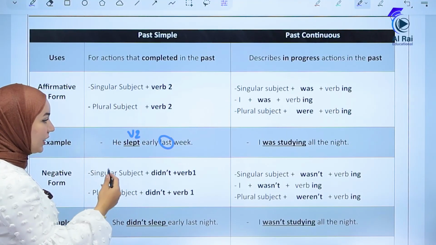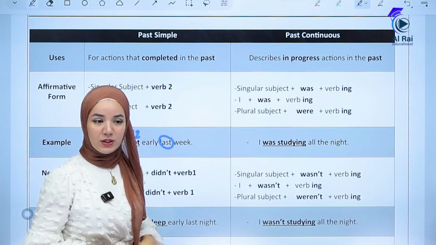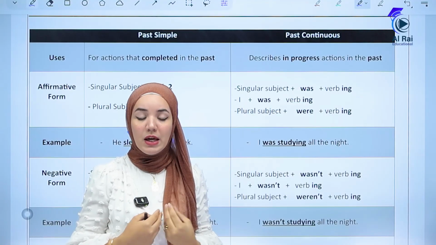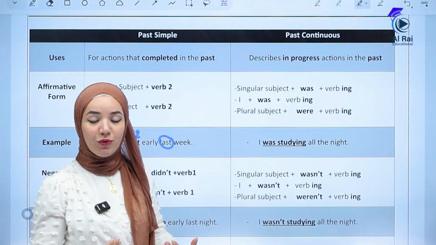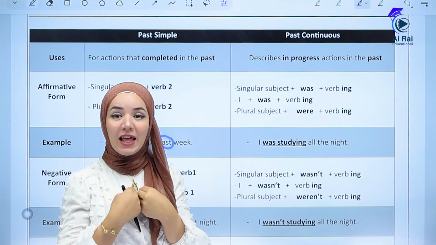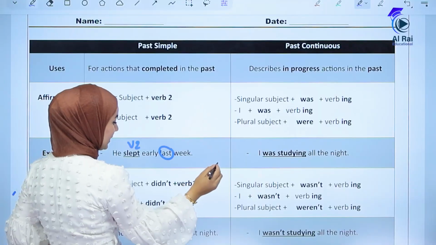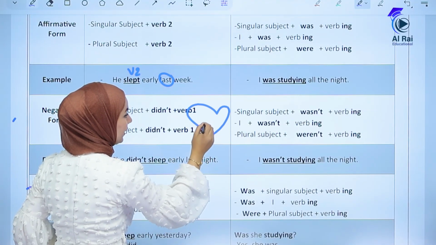Good? The negative form of past simple, as we said, we need a helping verb to help us. I want to negate it, but how? By a helping verb. So the helping verb here is did.